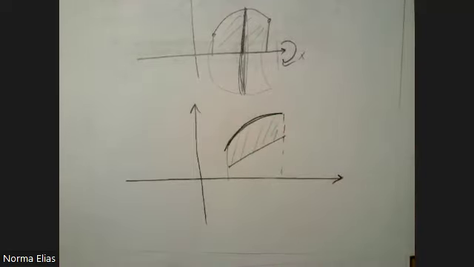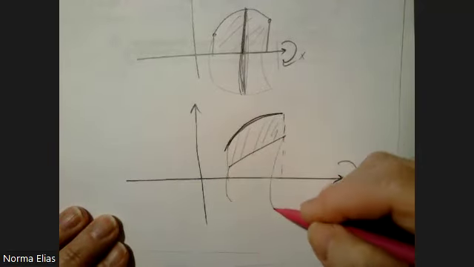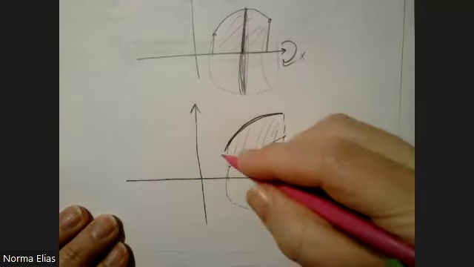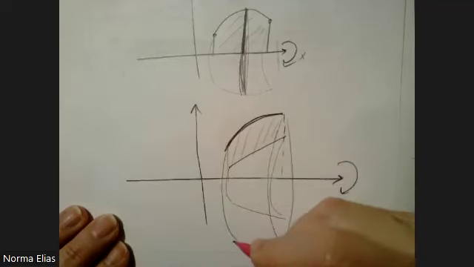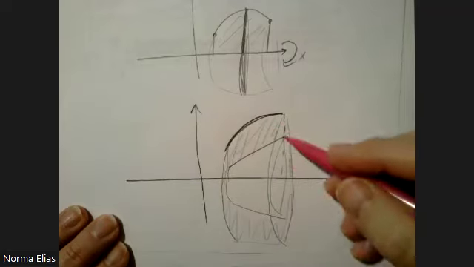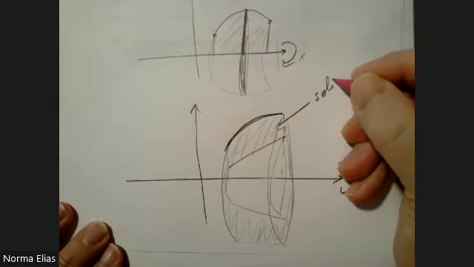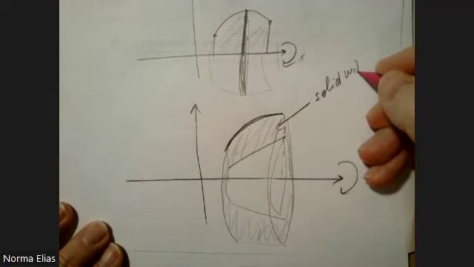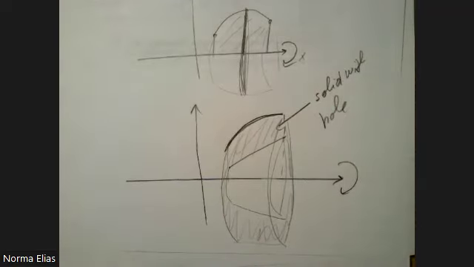This is the one we're going to rotate. So we're gonna get a solid with a big hole inside. And the question is, what's the volume of the solid?